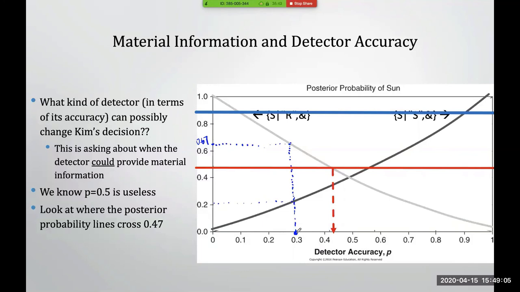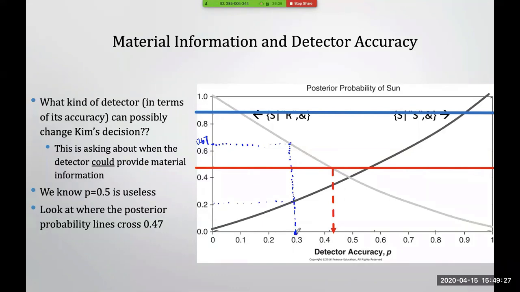When we say material information, we're saying that messages you get from the detector can potentially change your decision. We didn't say that it has to be the sunny message that changes your decision. It could also be a rainy day message, which is the example over here.